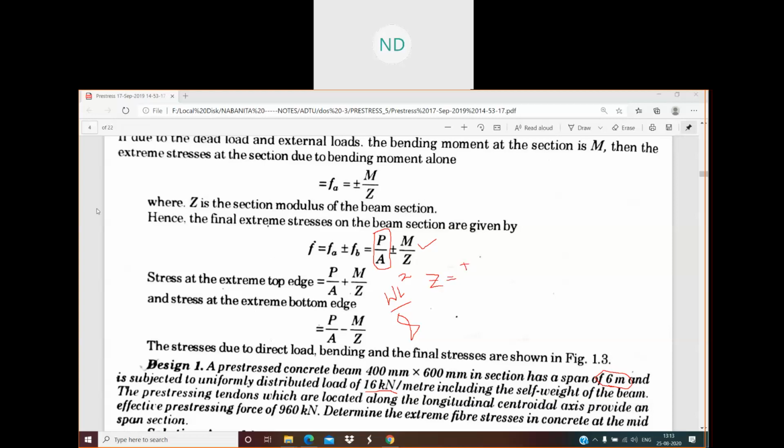Capital I by Y. So what is your I for this rectangular beam section? Moment of inertia, I is equal to BD cube by 12. Yes or no?